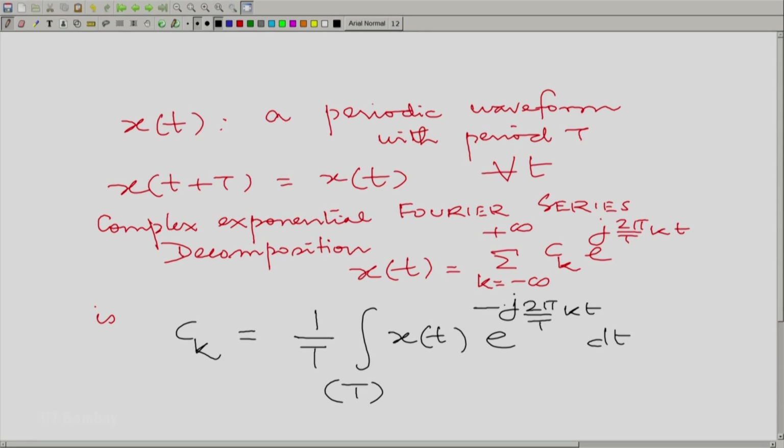So, here we have the decomposition expression and reconstruction expression, and notice that the 1 by T here takes care of the 1 by square root of T that you need on the reconstruction and the 1 by square root of T that you need on the side of decomposition. Simple, beautiful, elegant.